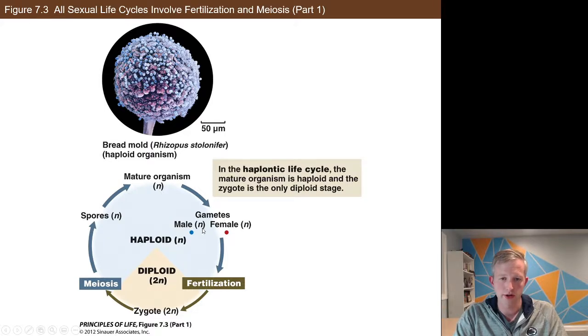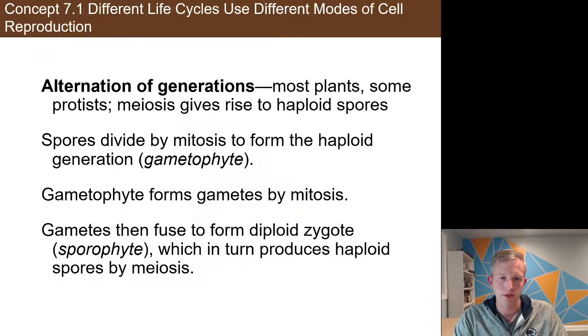Eventually, those mature organisms, there's a male form and a female form, can come together to fertilize, and they form a zygote. And you notice how in this case with this bread mold, it's actually a relatively short period of its life that it's spending as the diploid organism. So that's kind of reverse from animals, where, of course, the majority of our lives we spend as diploid, and then the haploid portion is really only preceding reproduction.